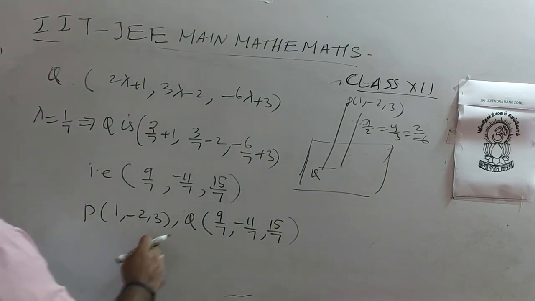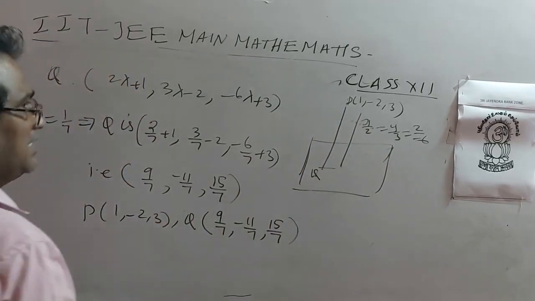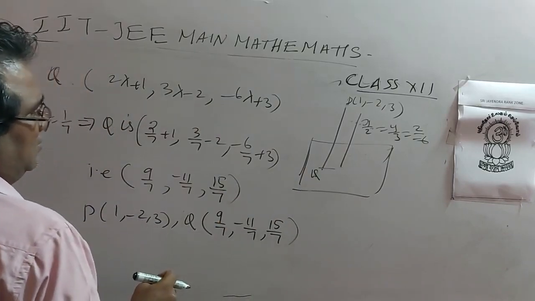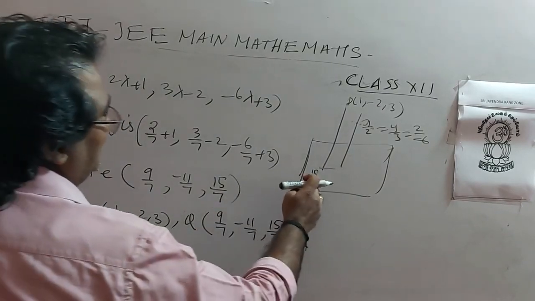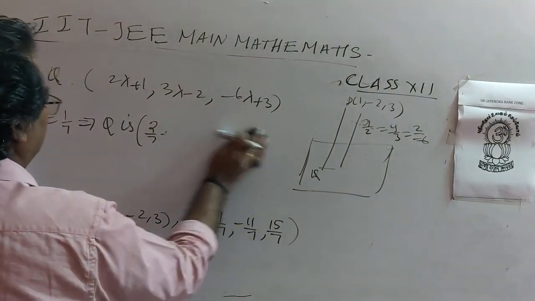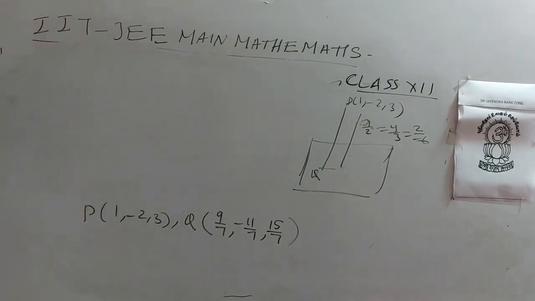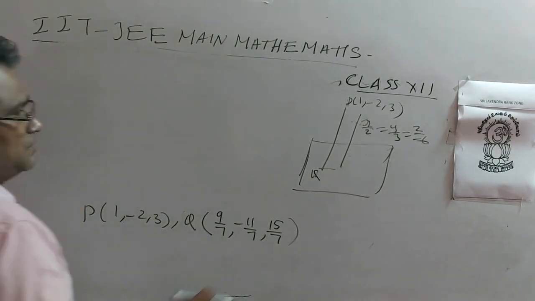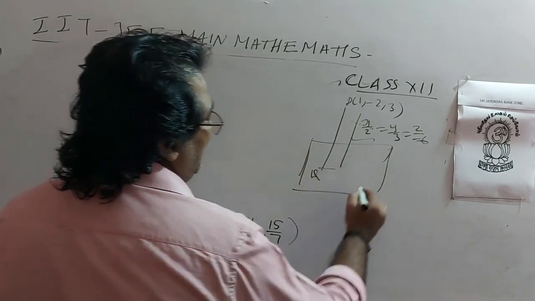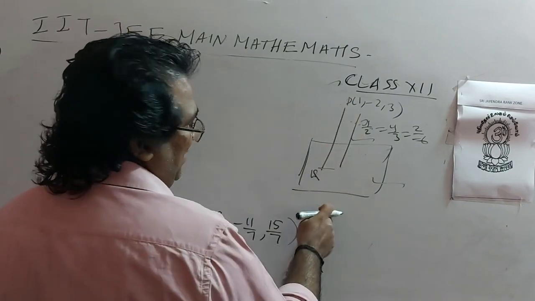So the point Q, okay, we have to find the distance of these 2 points. To find the distance from the point to the given plane, we have to find a point on this plane. Then we can find the distance between these 2 points. So this line is given, this point is given. We have this plane also given. We want to find the distance between this point and this plane.